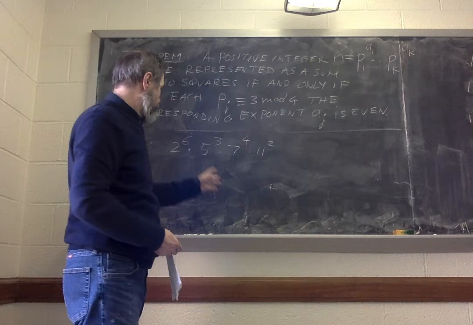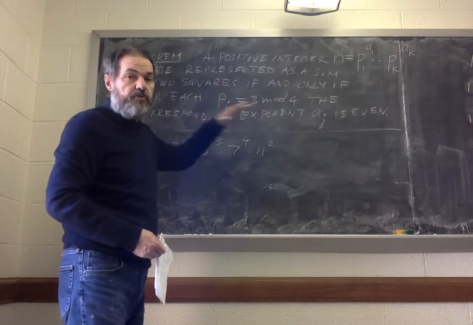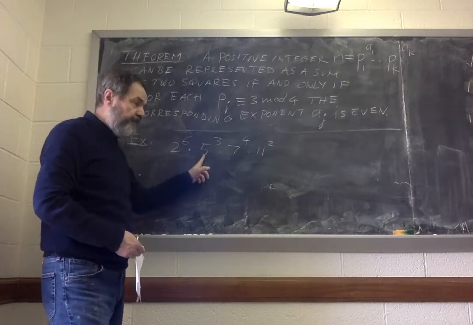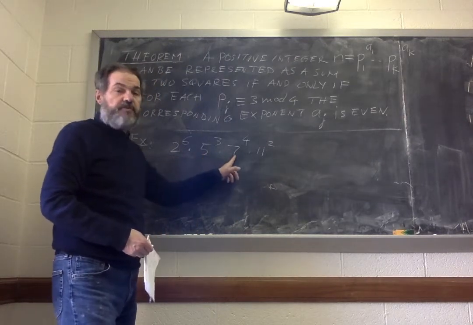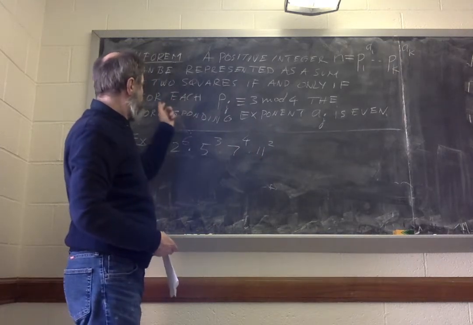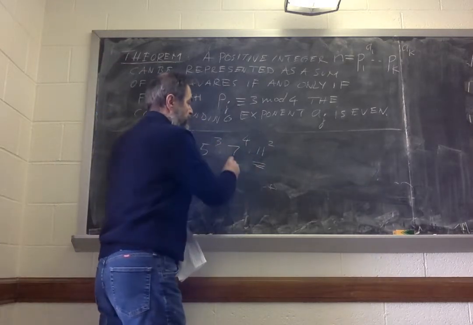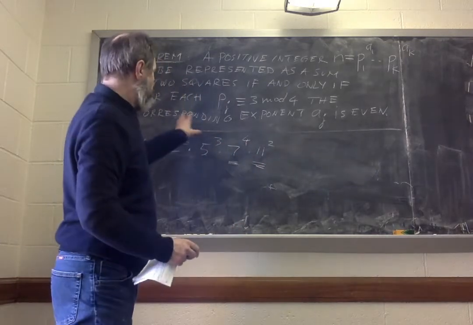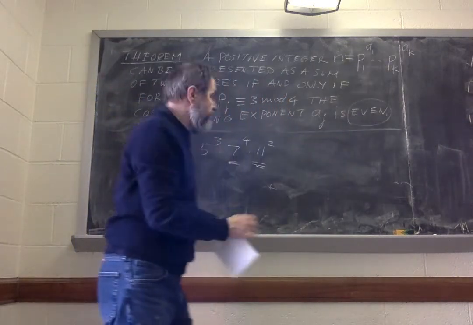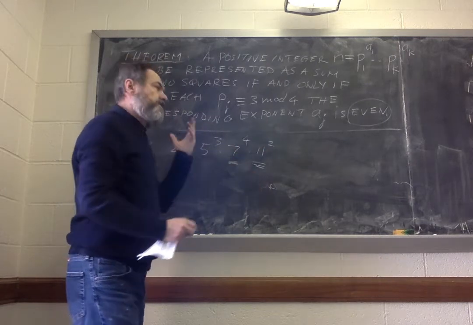Before I give the answer, let's see. I look at the primes Pj that are congruent to 3 mod 4. 2 is not 3 mod 4. 5 is not 3 mod 4. 7 is 3 mod 4 and 11. These two. Is it true that for each of them, for 7 and for 11, the corresponding exponent is even? Yes, it is true. This exponent is 4, it's even, and this exponent is 2, it's even. So the answer is yes.